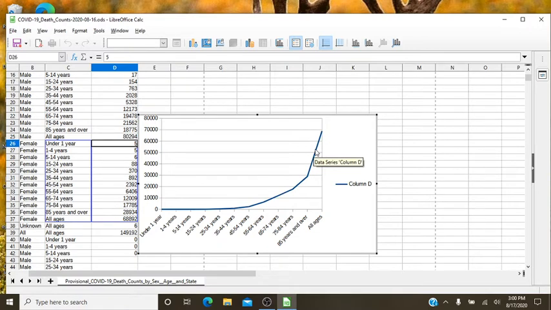So how significant is this? That the women seem to have all this over. It seems as if at some point in the last 6 months, the number of women 85 and over who have died from COVID-19 has increased pretty significantly.